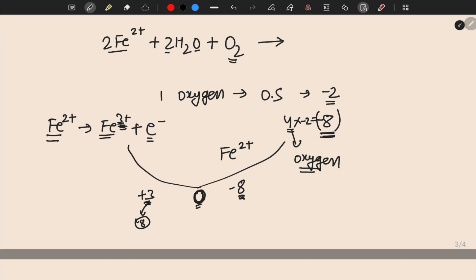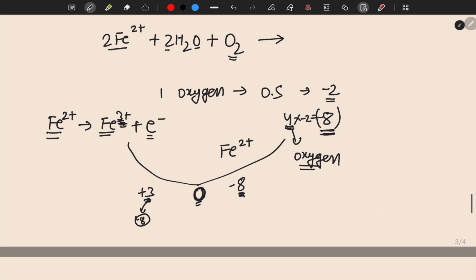But can we make this a multiple of 2, a multiple of 3? There is a way. If I put 4 here, rather than 2, then how many oxygens will I have? 4 plus 2, so I will have 6 oxygen. 6 multiplied by -2 will give me -12.